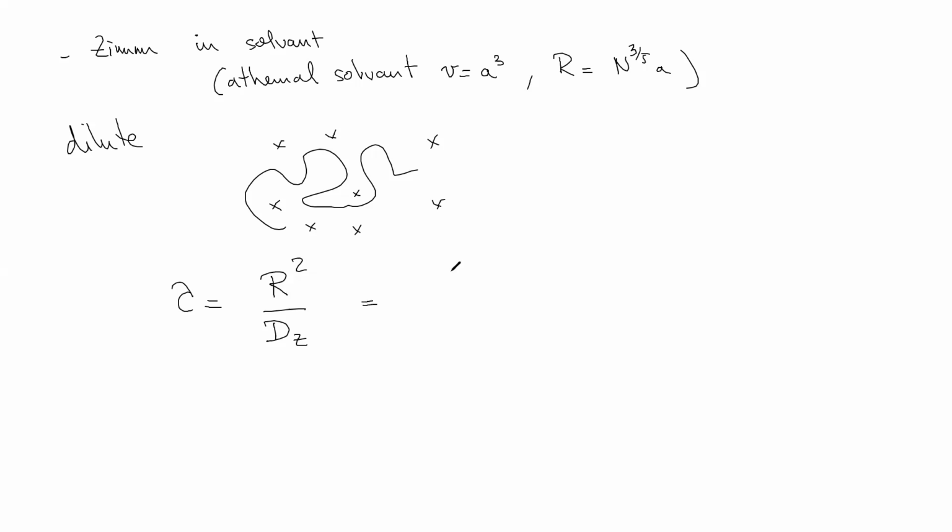And here, I will take the Flory exponent, but what is DZ? It's D0 divided by n to the 3/5. That's what I'm correcting. Previously, I took 1/2 because I was not caring too much about the difference between ideal and realistic solutions.